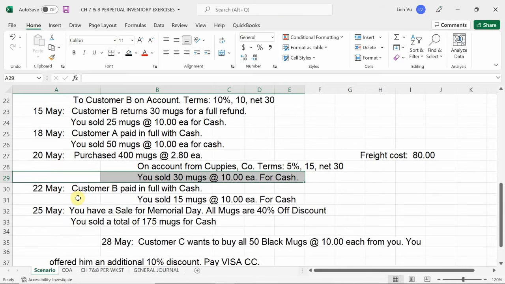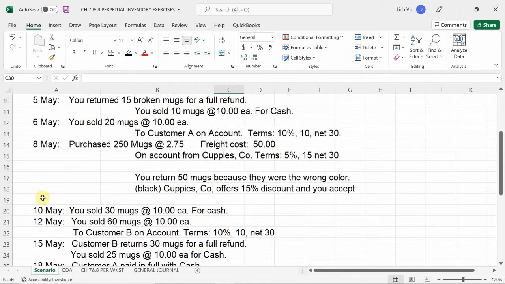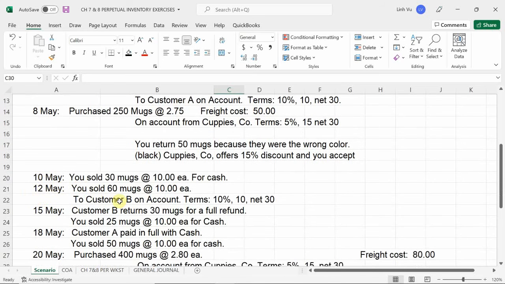Then let's see. May 22nd, customer B pays in full with cash. Let's take a look at when we sold to customer B. We sold to customer B on account on May 12th, 60 mugs.